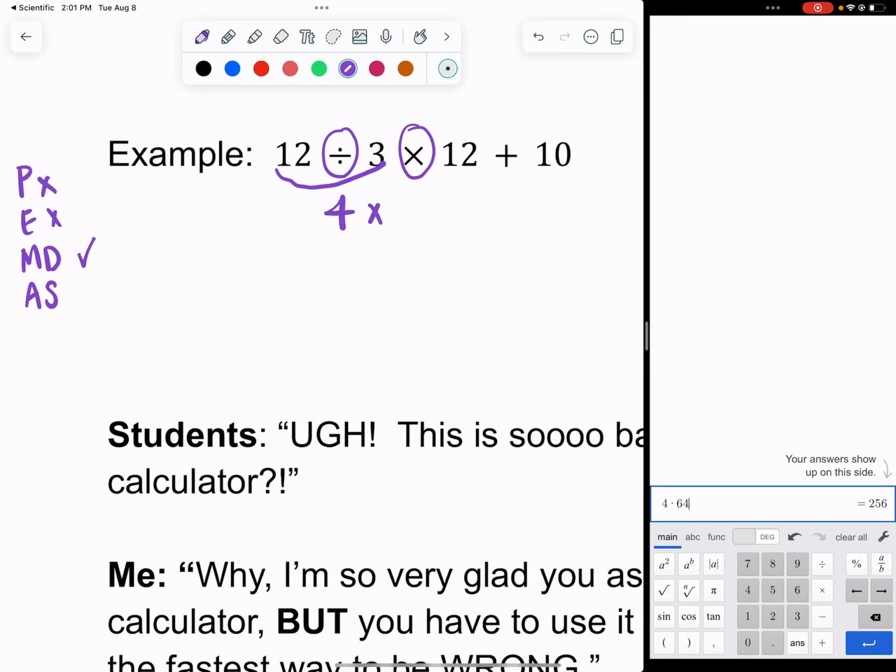That becomes a 4, and I'm going to rewrite the rest. Now, I need to take care of the multiplying. 4 times 12 is 48. Plus 10. Then I can do the adding. So I end up with 58.